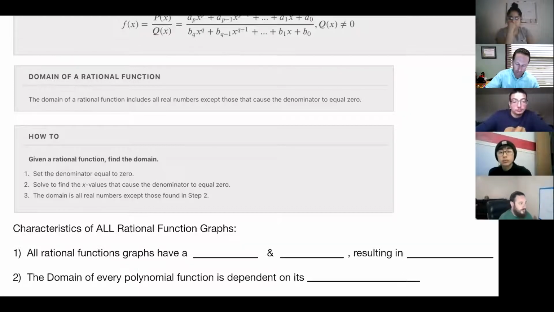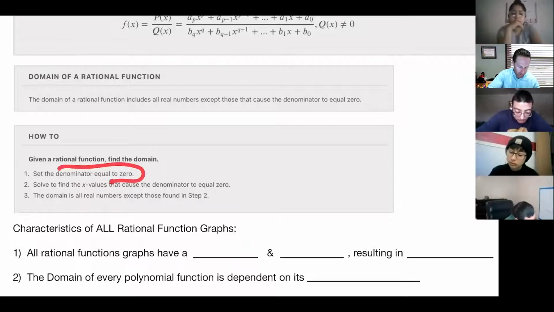And the things that don't work are, like we said, when our denominator will equal 0. So that's the first and basically only step in order to find the domain of a rational or fractional function. Okay? Just set the denominator equal to 0, and those will be the things that do not work. Okay?